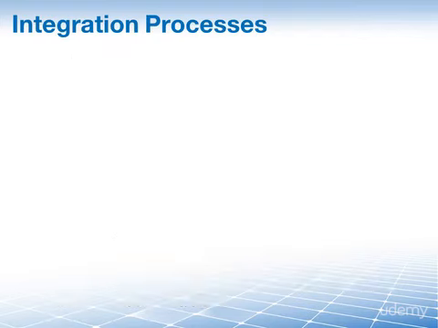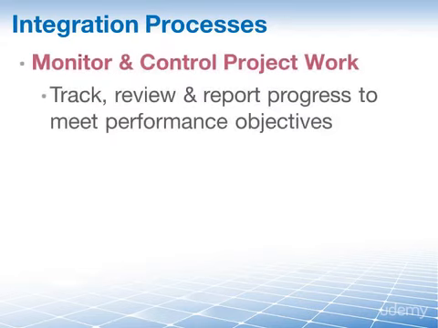And as the work is going on, you also want to make sure that we're still on track, that we're still following the plan in the process of Monitor and Control Project Work. That's the process of tracking, reviewing, and reporting the progress to meet the performance objectives defined in the project management plan, which our current process here is creating.